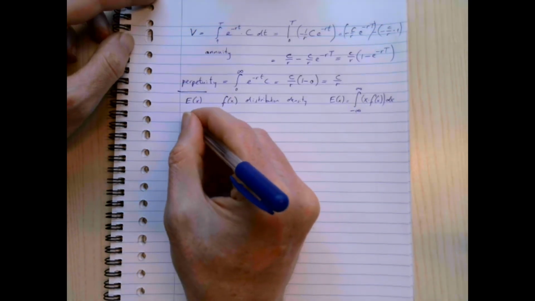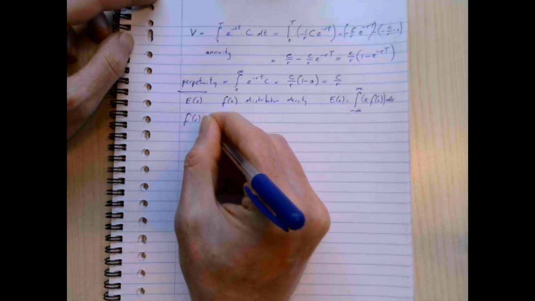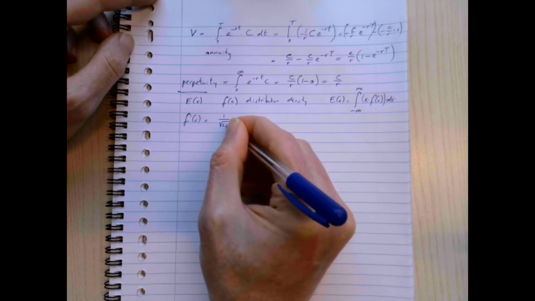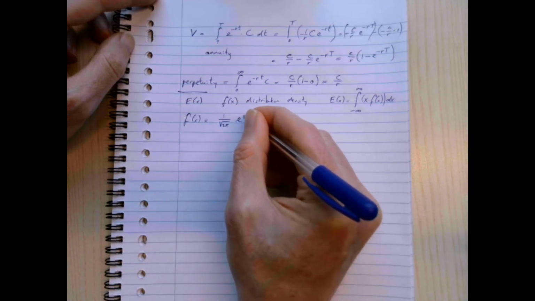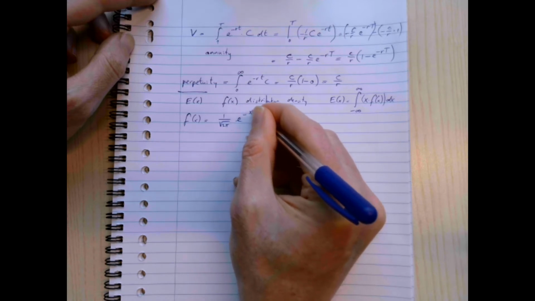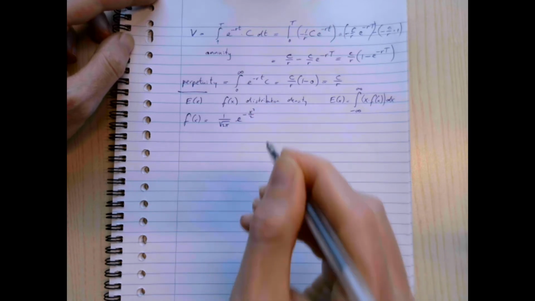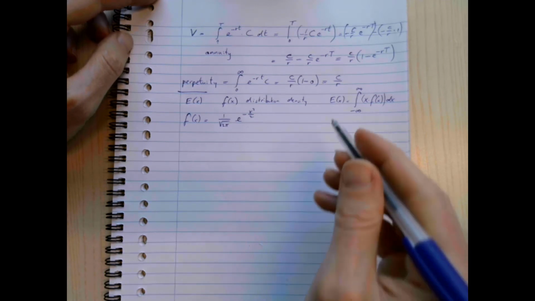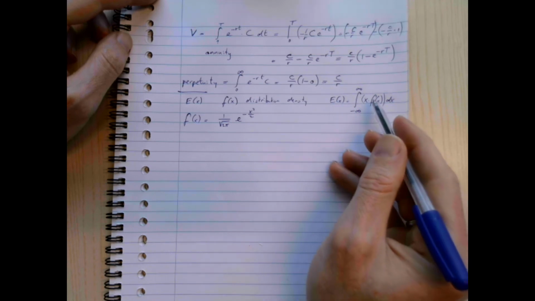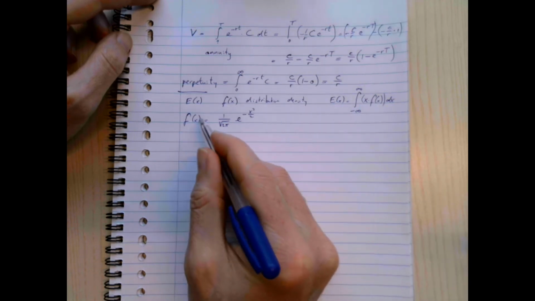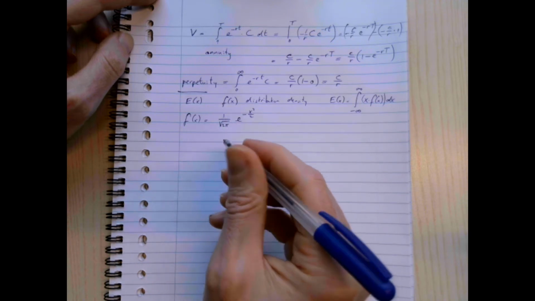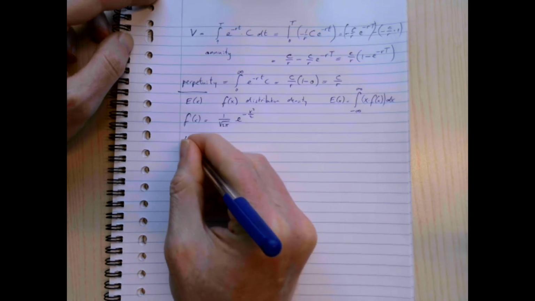So for our standard normal distribution, I told you that the density function for the standard normal was this 1 over the square root of 2 pi times this exponential e to the minus x squared over 2. So the question is, can we indeed compute the expected value if we use as our density function this particular function f of x? Well, let's try this.